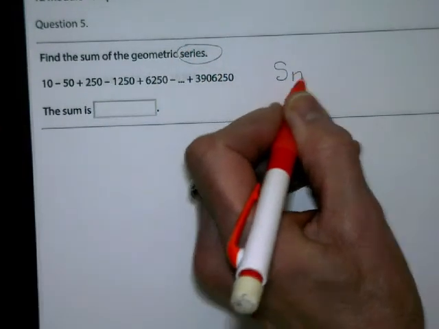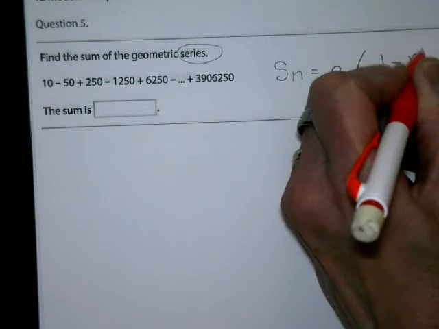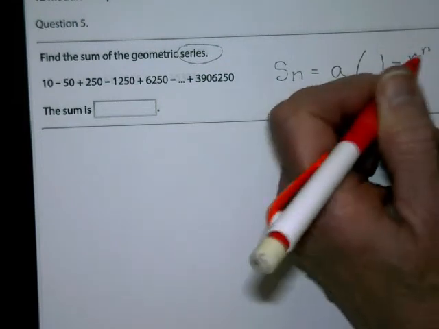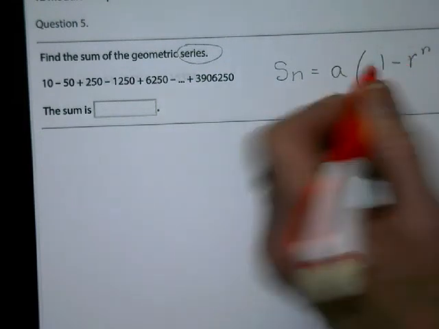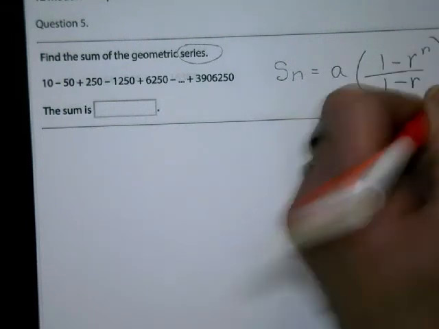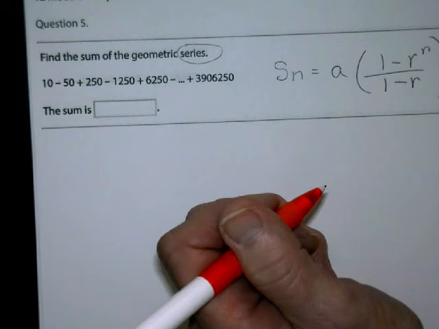Okay, now we're using our series formula. Remember that? Initial value times 1 minus r to the nth power over 1 minus r.